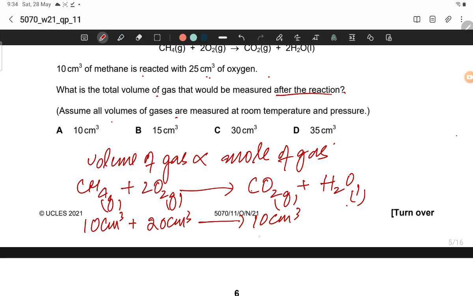So 20 cm cubed of oxygen is used to burn methane to form 10 cm cubed of carbon dioxide. What is the total volume of gas that would be measured after the reaction? The gas provided is 25 cm cubed.